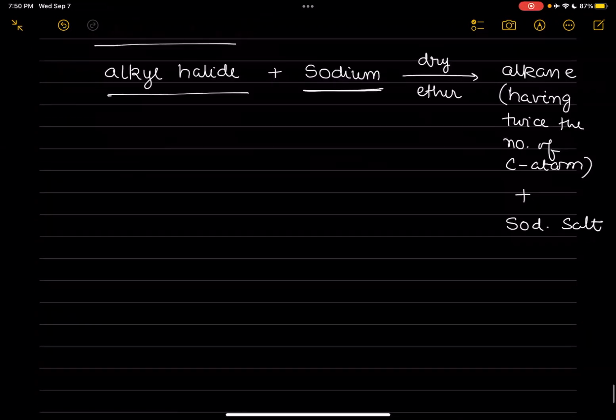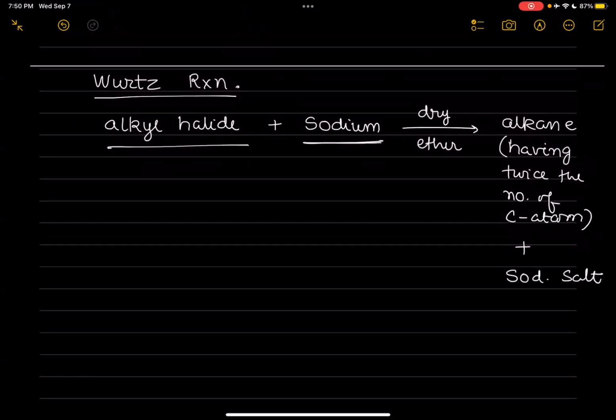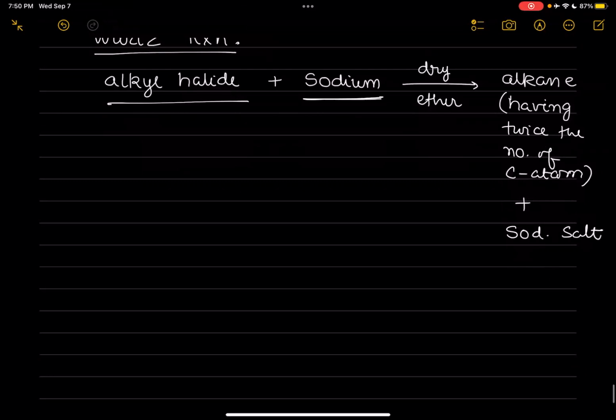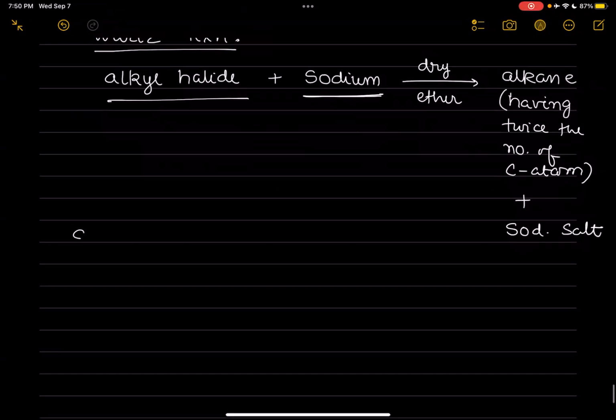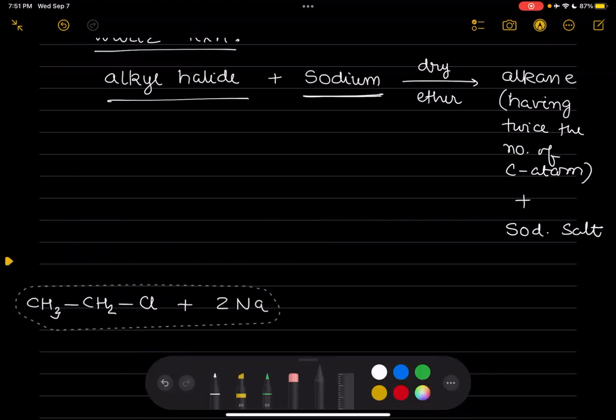Okay, let me show you one example, and let me tell you the way to remember the reaction. Very easy way to remember the reaction. Suppose I take CH3Cl, this is an alkyl halide. Wurtz reaction is given by alkyl halide. You need to balance it. You need to take 2 Na, 2 moles of Na. Even if you don't balance it, it's okay, but I am writing the complete balanced equation.